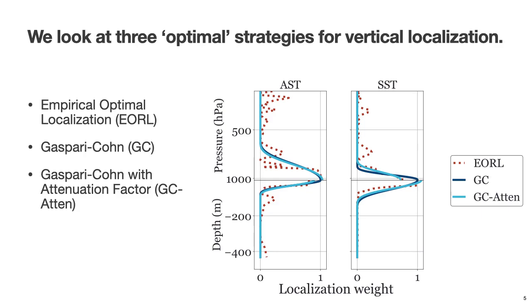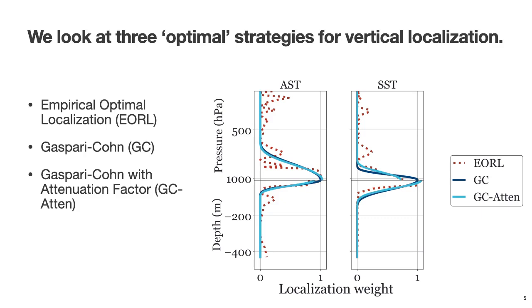So for option 2, the height is just set to be 1. For option 3, that height is allowed to vary, and we estimate the best height for that function. We're calling that an attenuation factor. Those 2 Gaspari-Cohn options are shown here with solid lines. The darker one is the Gaspari-Cohn function with the height fixed to be 1, and the lighter blue is the one with the attenuation factor.